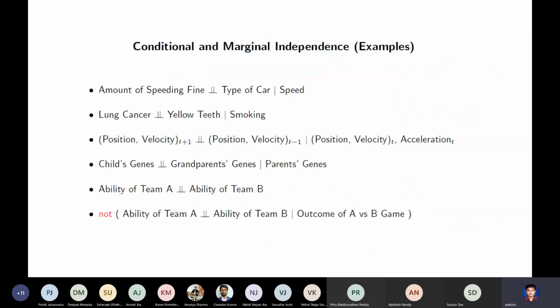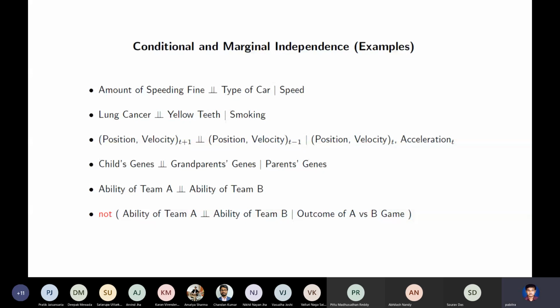So here are some more examples. In general, the type of a car, a sports car or something, does have an influence on whether you get a speeding fine or not. In general, they are not independent, but the moment you note the speed of the car, it doesn't matter what type of car it is. It doesn't give you any additional information.